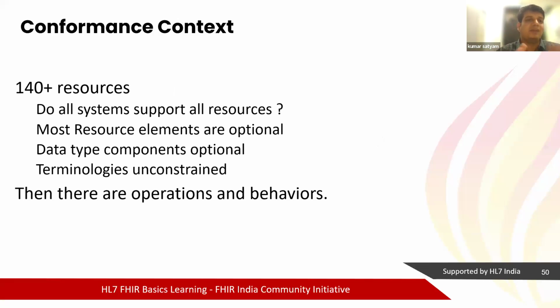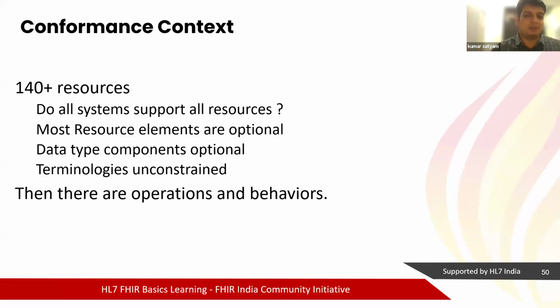And why? Because of this. There are more than 140 resources. Not all systems will implement all the resources because for me, I don't care. I'm just building a patient appointment management system. I don't care about all the 140 resources. For me, appointment, patient, practitioner and location resources are good enough. Maybe I'll use a slot and schedule resource. I think I'm done with it, right?